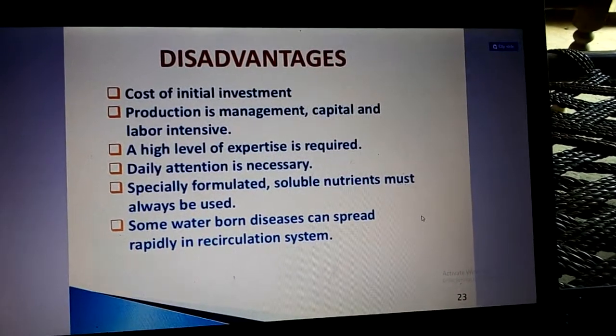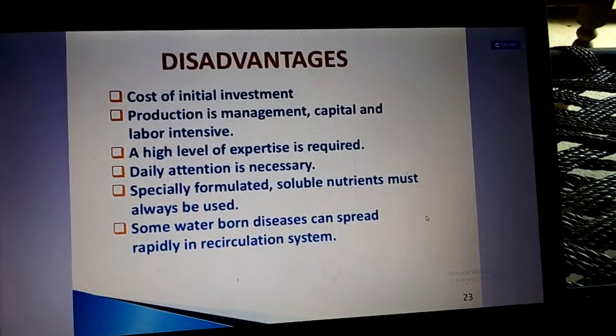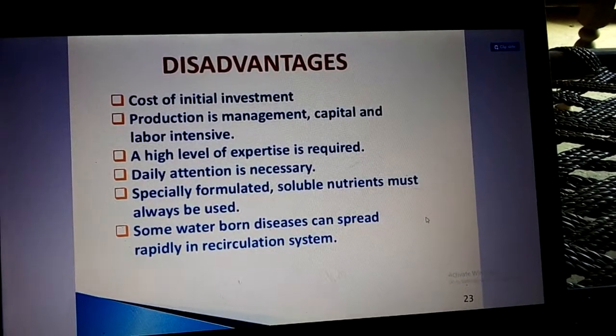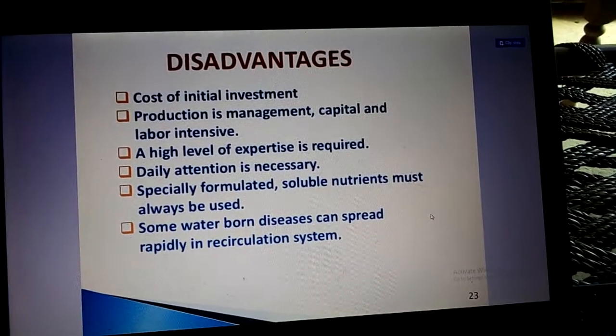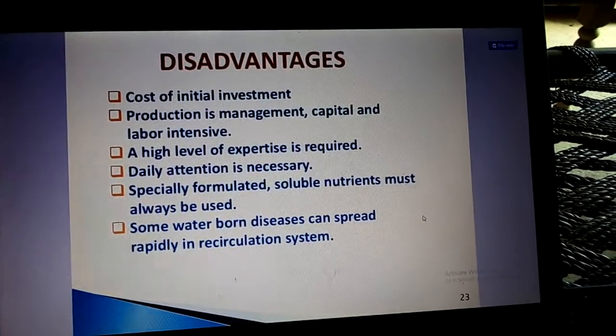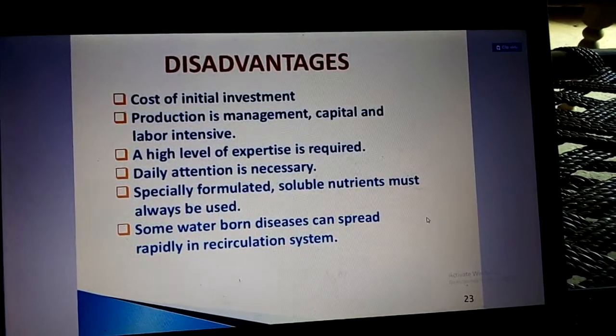A farmer must have the knowledge of how to use this system. Daily attention is very necessary. Specially formulated soluble nutrients must always be used. Some waterborne diseases can spread rapidly in recirculation systems.